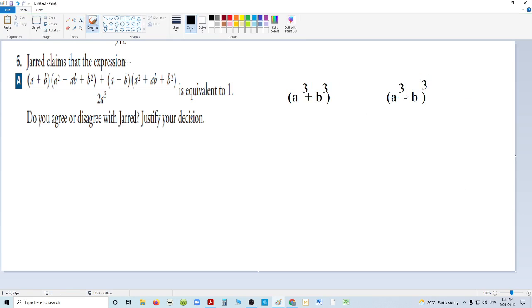The terms here match the difference of cube rules. There's the square of the first term, the two terms times each other in the opposite sign, and the last term squared, and there's the basic root term. Same for this one. And it's all being divided by this mysterious 2a cubed, like this.